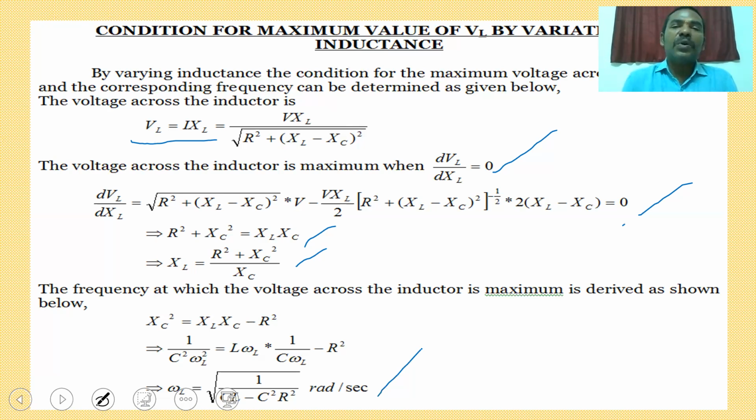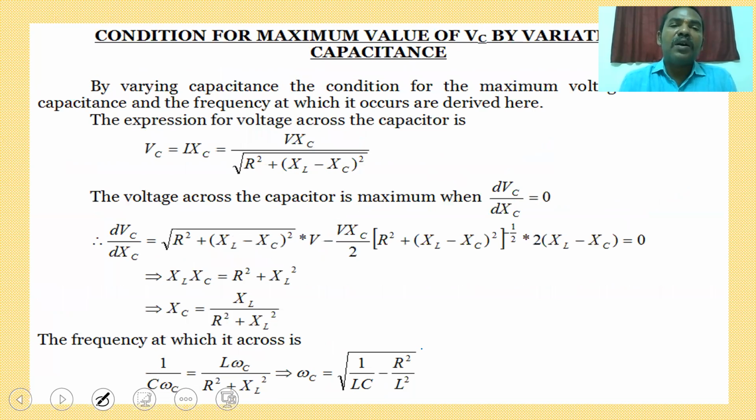Then coming to the condition for the maximum value of VC by variation of XC. VC is equal to I into XC. The I value is V divided by root of R square plus (XL minus XC) whole square, into XC. Now for the maximum condition, we differentiate with the variable XC and equate it to 0.